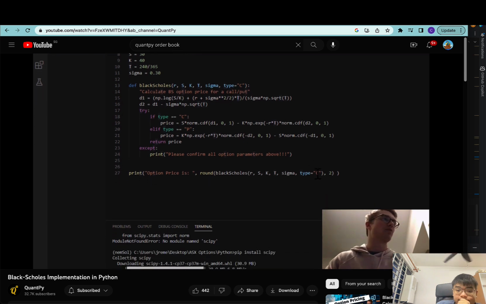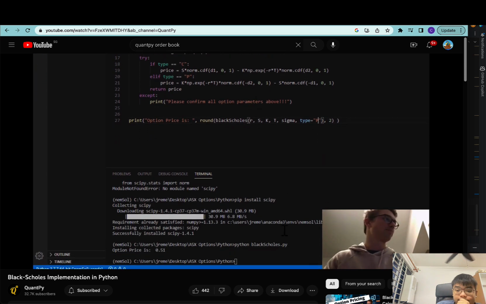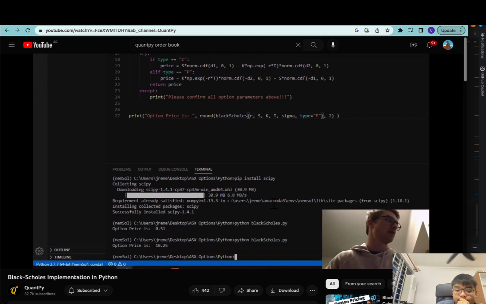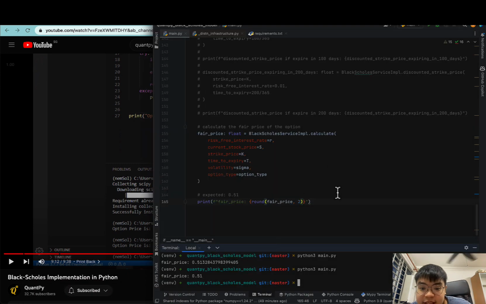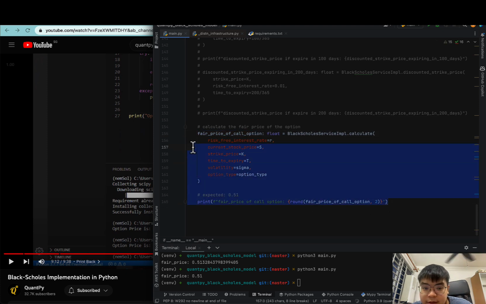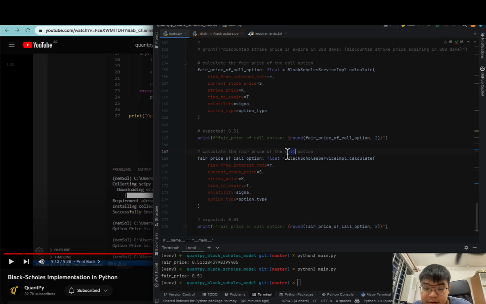So let's see what happens when we change this to put. We're going to save that, and 10.25. Let's test it out as well. So fair price of call option. And let's print out the fair price of put option as well. So this put option here should be 10.25.